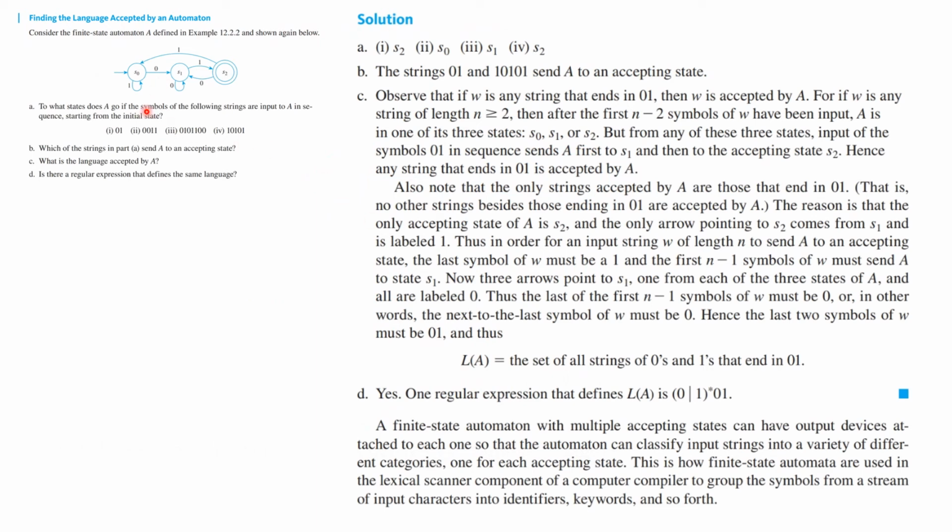And the picture is recreated up here smaller, but what we see is that each of these inputs go to S2, S0, S1, and S2. Now you want to work through this example and understand that. Which of the strings send it to an accepting state? Well, only two of them do. So this one and this one.